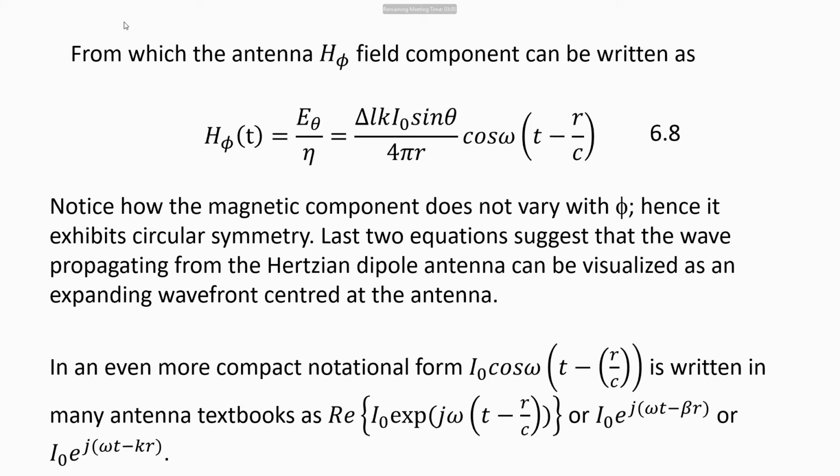Notice how the magnetic component does not vary with the azimuthal angle. Hence, it exhibits circular symmetry. So the last two equations suggest that the wave propagating from the Hertzian dipole antenna can be visualized as an expanding wave front centered at the antenna.